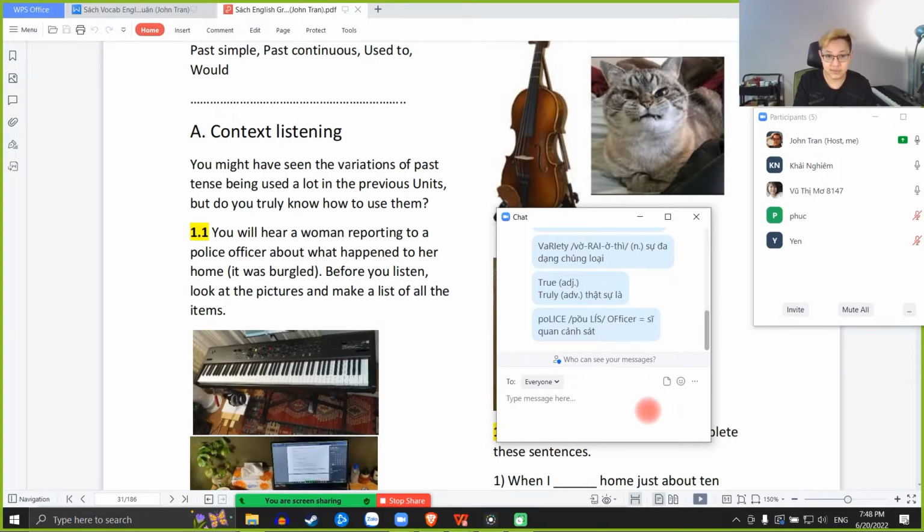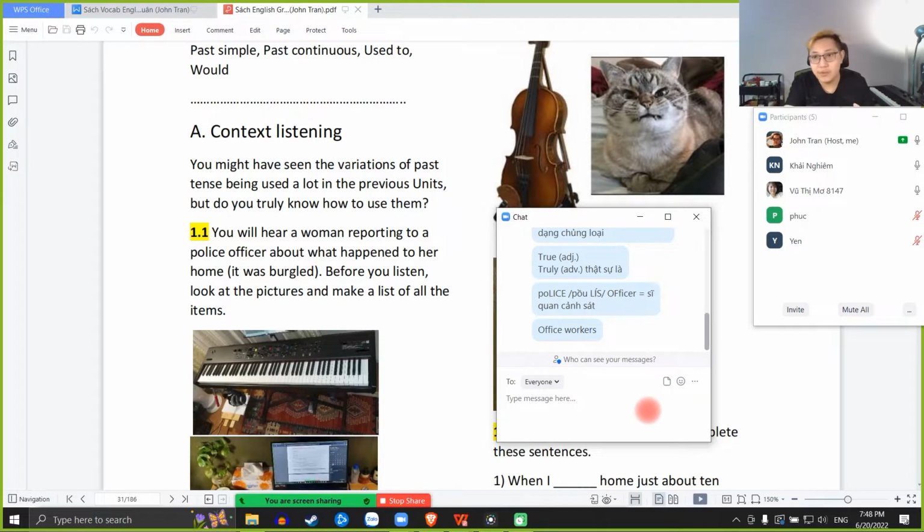A police officer. Một người gọi là officer khi họ làm việc cho chính quyền. Còn nếu các bạn không làm việc chính quyền, chỉ là người làm công bình thường trong văn phòng thôi, thì các bạn là office workers, okay? Remember that. If you are not working for the government and you work in an office, you are only an office worker.